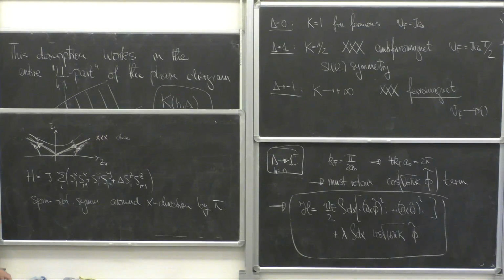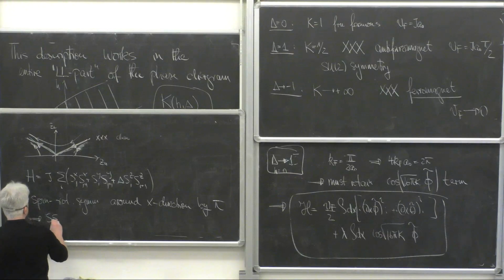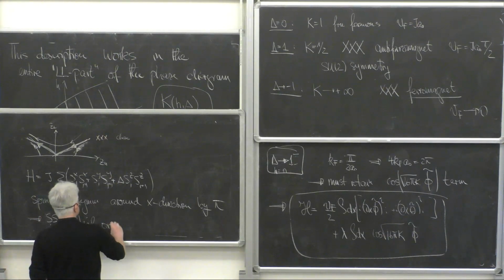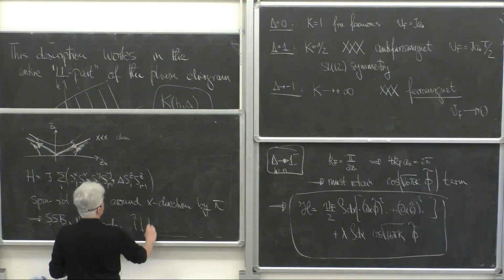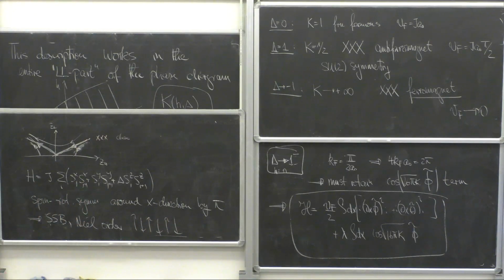And that would send Sz to minus Sz. So that I'm allowed to break. And so then you can have this spontaneous symmetry breaking, Néel order. So you get, let's say, a ground state set up, down, up, down, up, down, something like this. And you have an order parameter in the infinite volume.